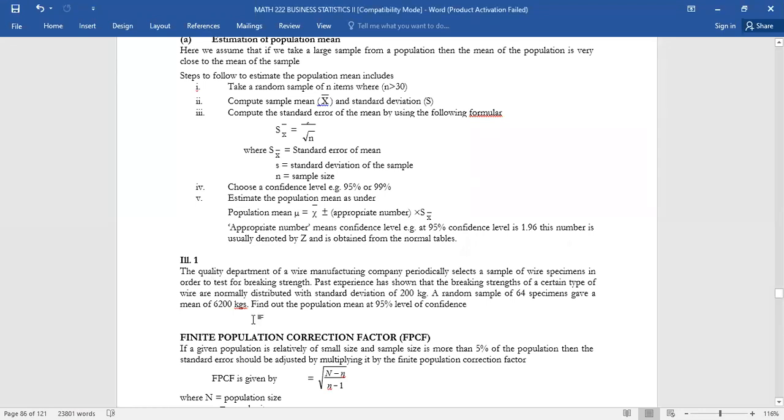So we are talking of 62 plus, I get plus or minus. I don't have a rich text. Then we have 1.96 into bracket 25.